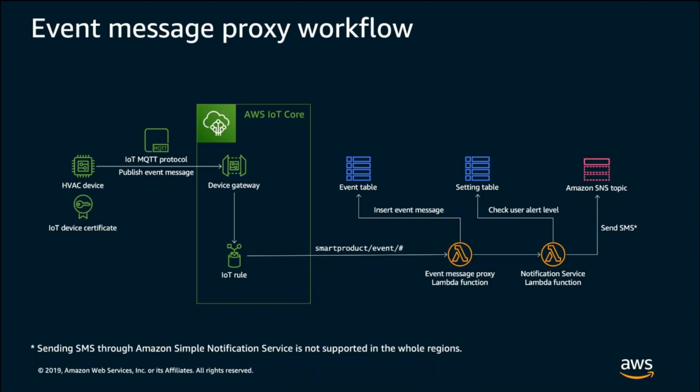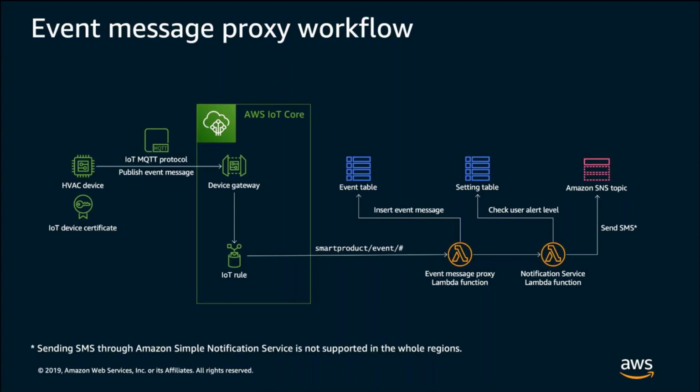The Lambda function saves the raw data into the event table, so maybe the raw data format needs to be defined by users. The Smart Product solution has a predefined event format, but customers can change the format.